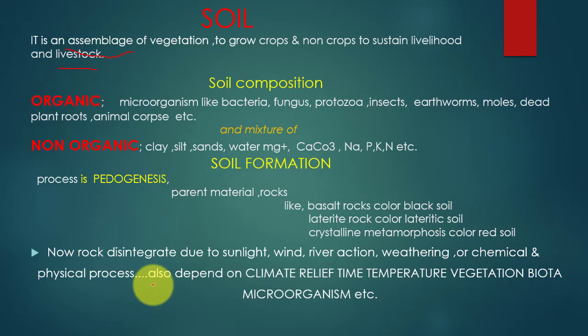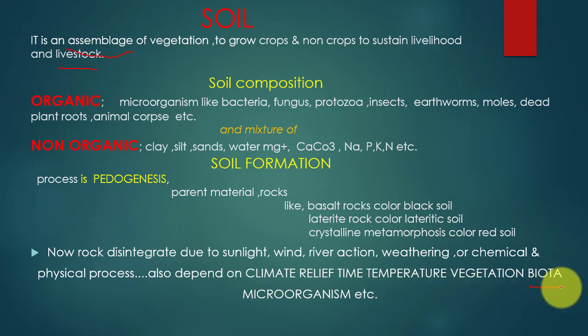So, sir, ma'am, this is how soil forms due to various environmental agents, or you can say various processes. Soil formation also depends on climate, relief, time, temperature, vegetation, and biota.